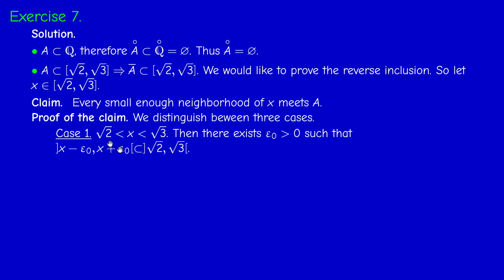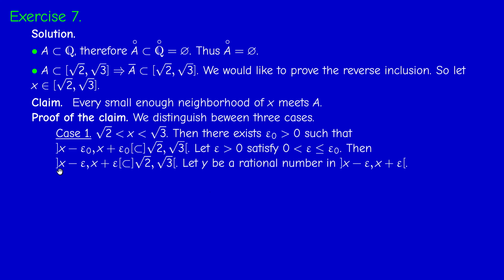So there's a formula for epsilon 0. We can take epsilon 0 as big as possible, actually. Now we take a positive number epsilon less or equal than epsilon 0. So what do we have? Therefore, the interval x minus epsilon, x plus epsilon is contained in the interval x minus epsilon 0, x plus epsilon 0, and therefore it's contained in radical 2, radical 3.